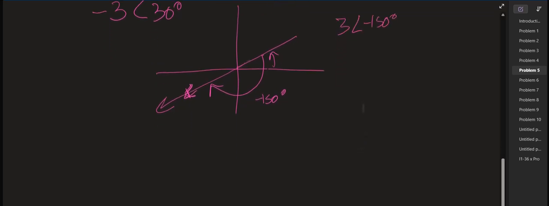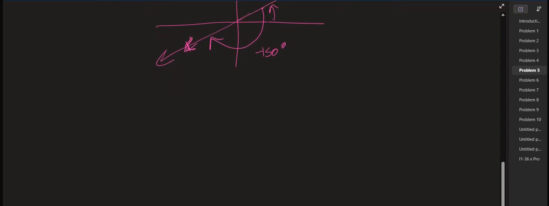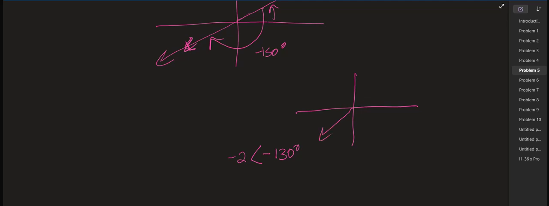So you want to either, I wonder if you're ever going to add 180. Let's see, if I had negative 2 angle negative 130 degrees, then that would be negative 130 degrees, yes, and so then I would add 180 to get to that one.